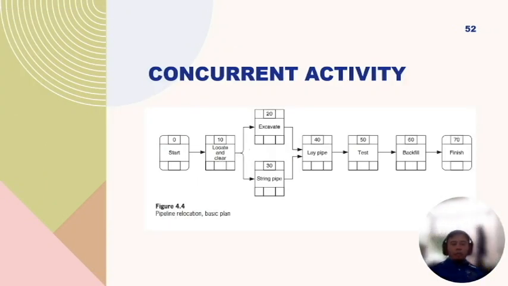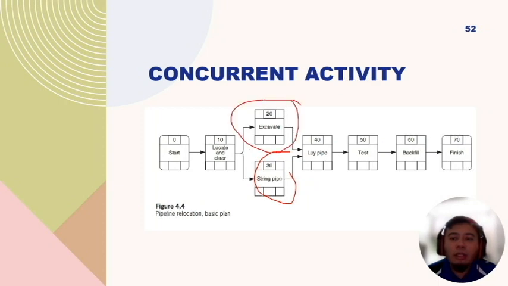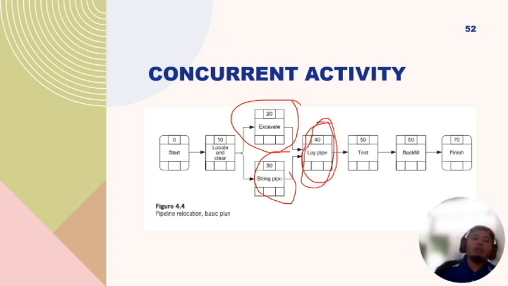Next, we take a look at the relationship between activities, and this slide shows concurrent activities, where you have two activities started concurrently and both need to finish in order for the next subsequent activity to commence.